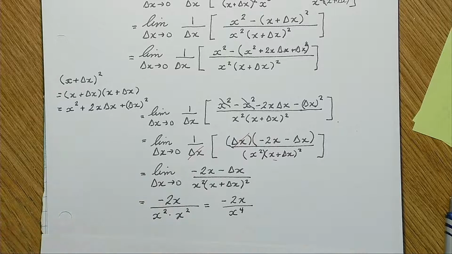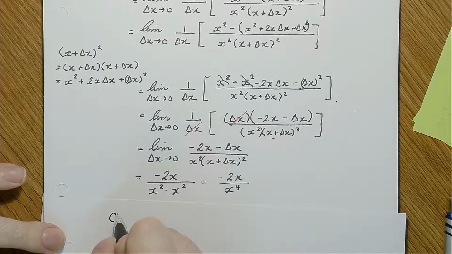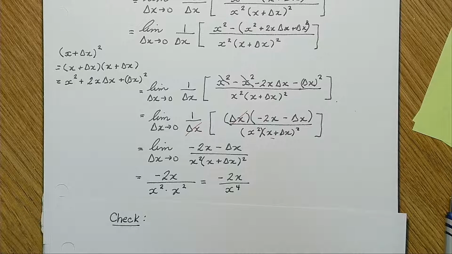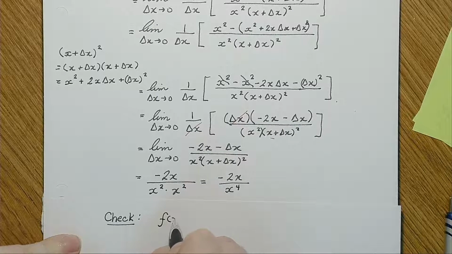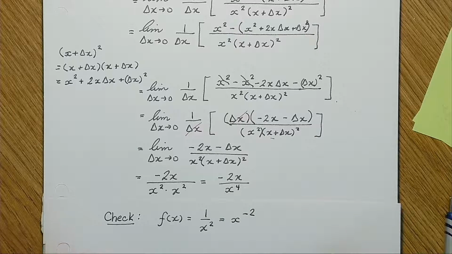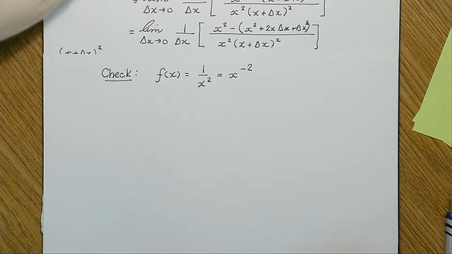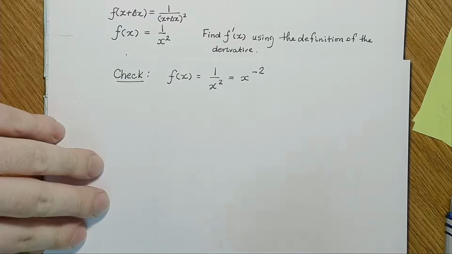Okay, so part of this, what we should do is a check. Because we have more knowledge, we can do a check quickly. Our original function was 1 over x squared, and that is equal to, writing it as, x to the minus 2.